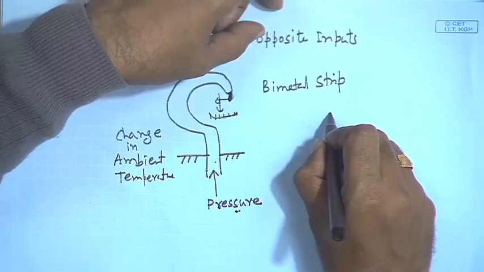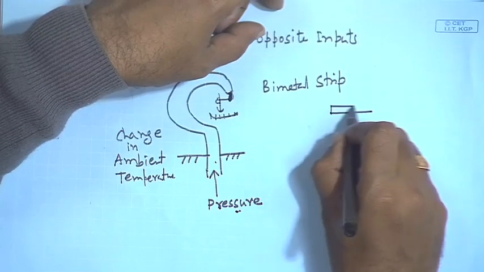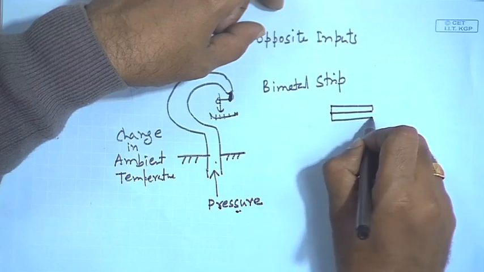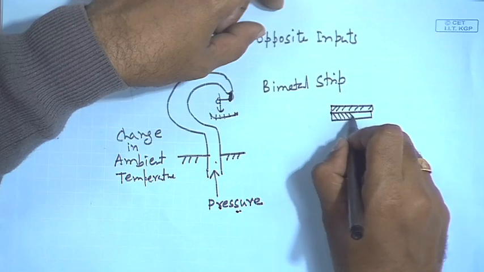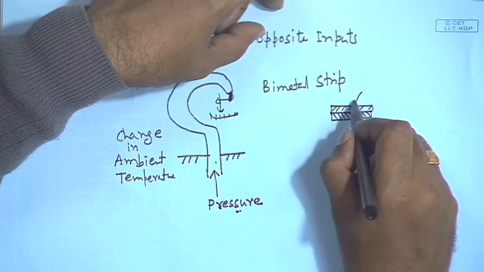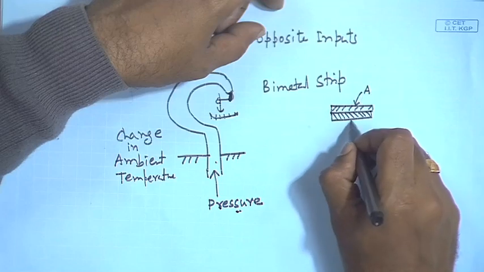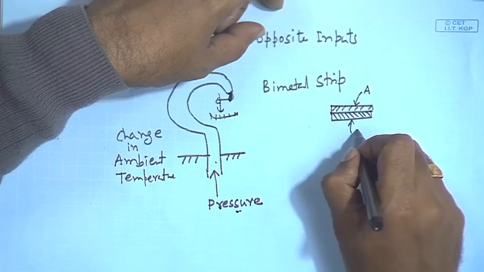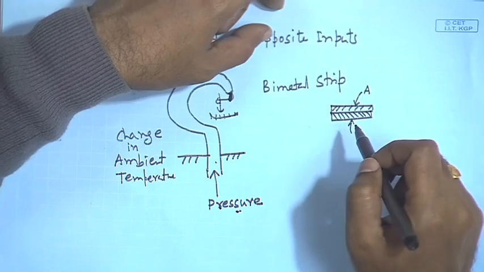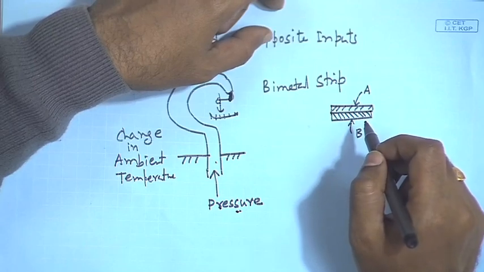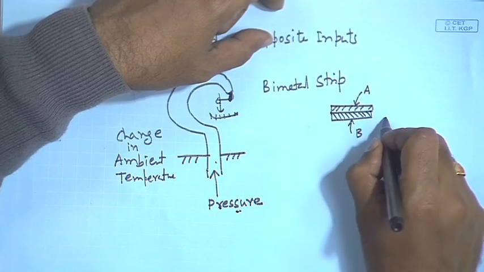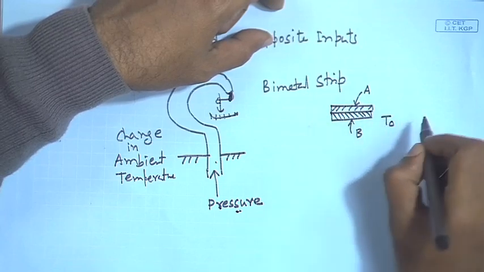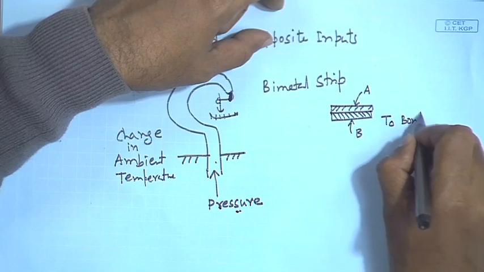Okay, let me explain what a bimetal strip is. You take two different metallic strips, they have different thermal expansion coefficient. They are bonded rigidly at some temperature called T0, the bonding temperature.